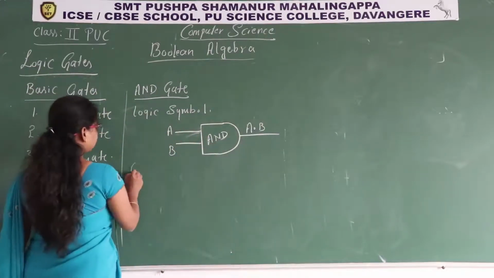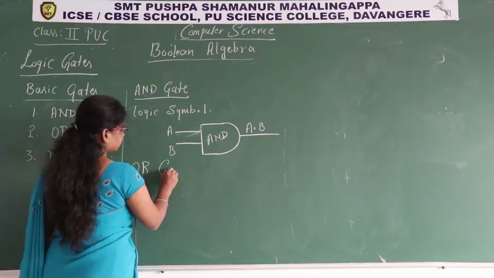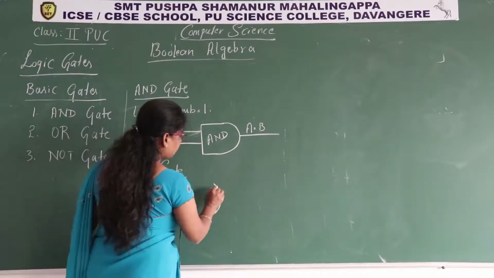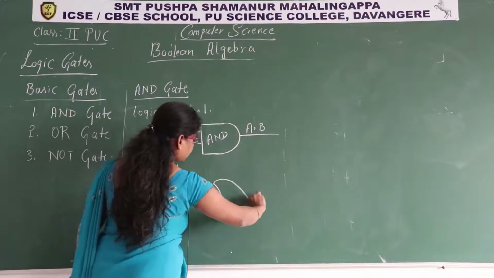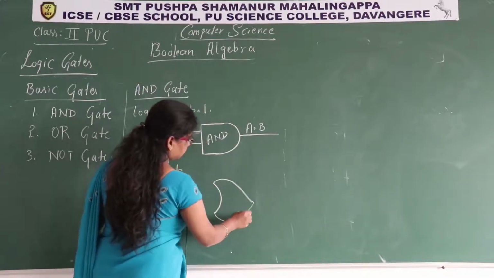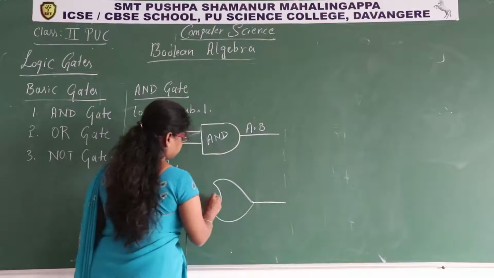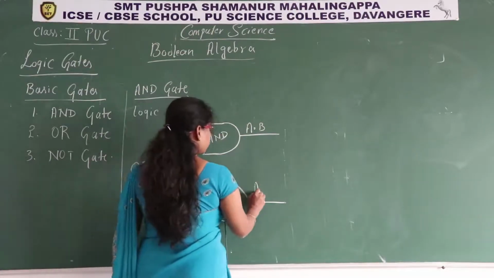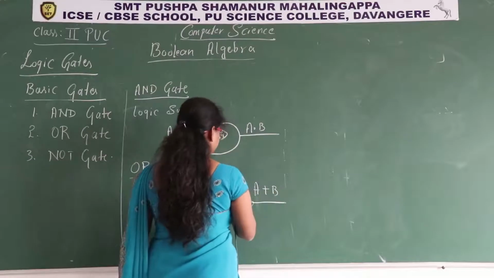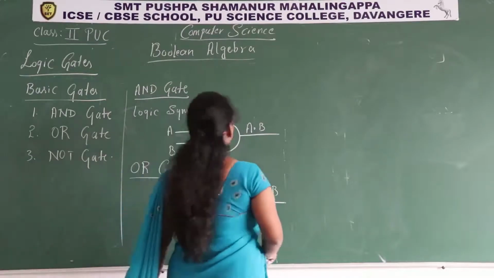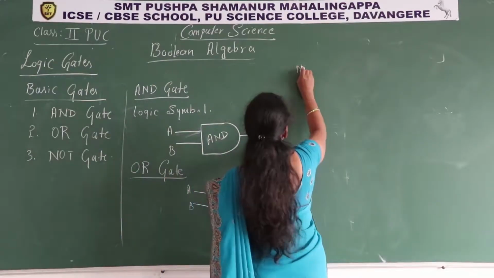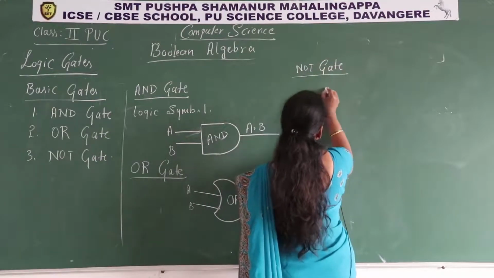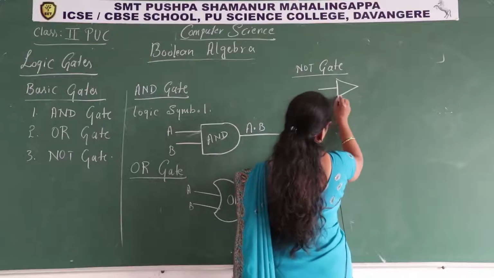Next, OR gate. So this is the symbolic representation of OR gate. A plus B, and NOT gate. So it takes only one input and give one output.